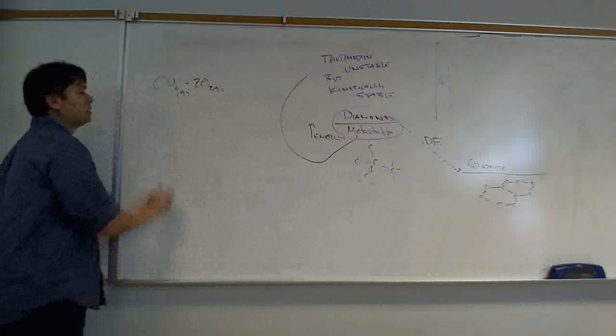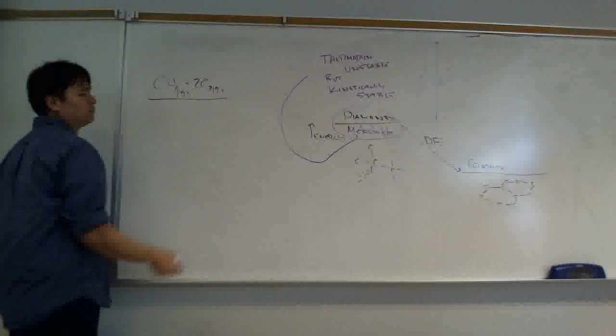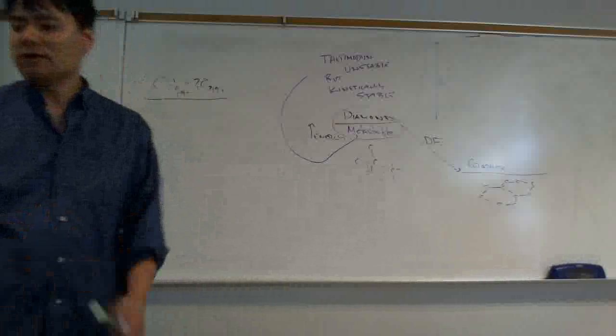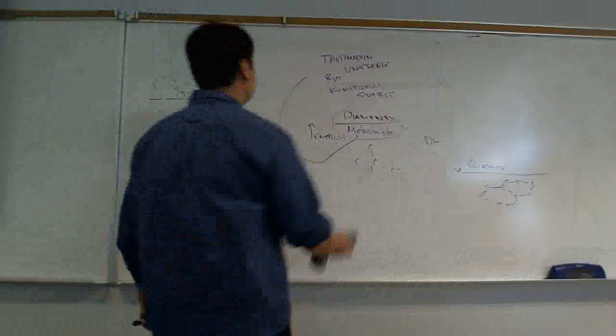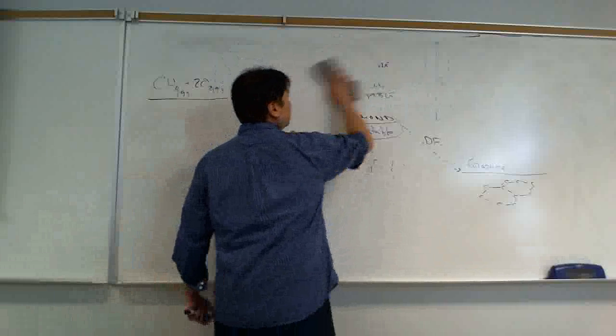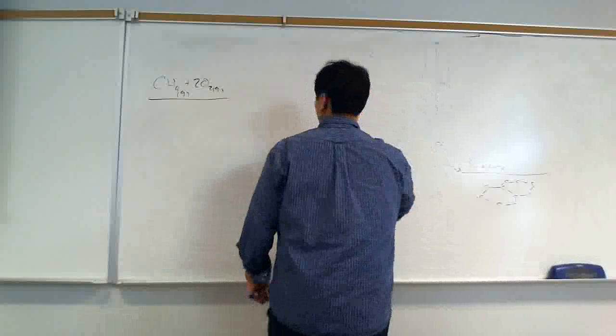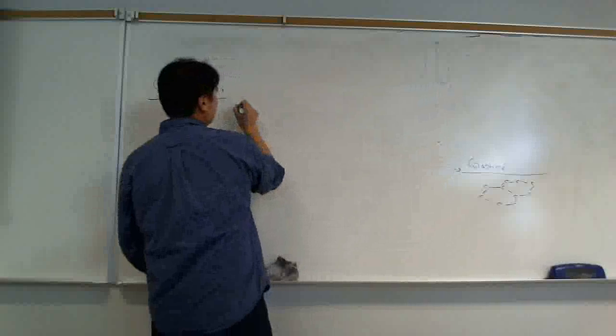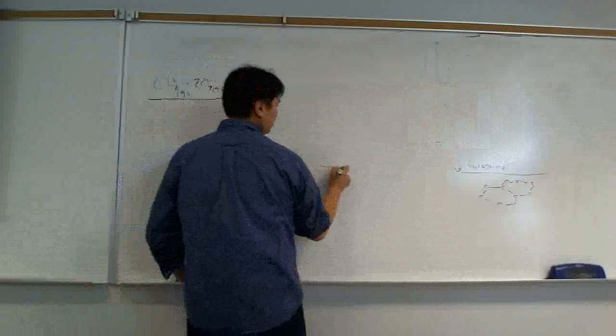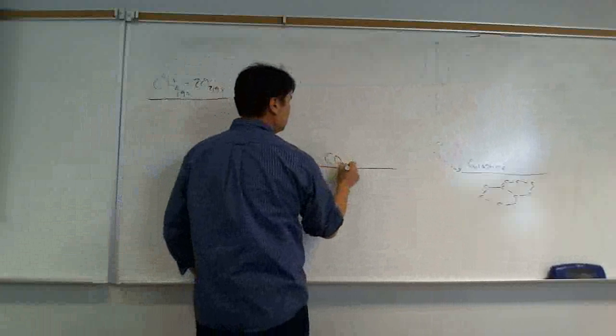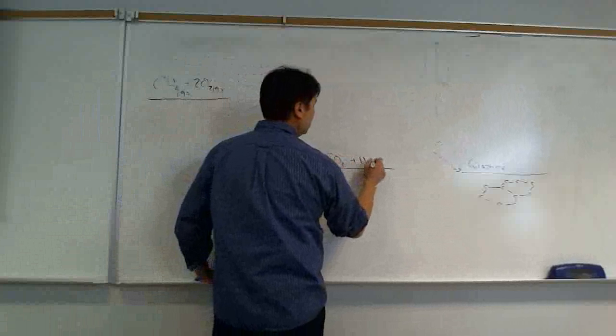Methane and oxygen is an unstable mixture. There's a thermodynamic driving force to convert methane and oxygen to carbon dioxide and water. Carbon dioxide and water are a lot more stable. CO2, H2O.